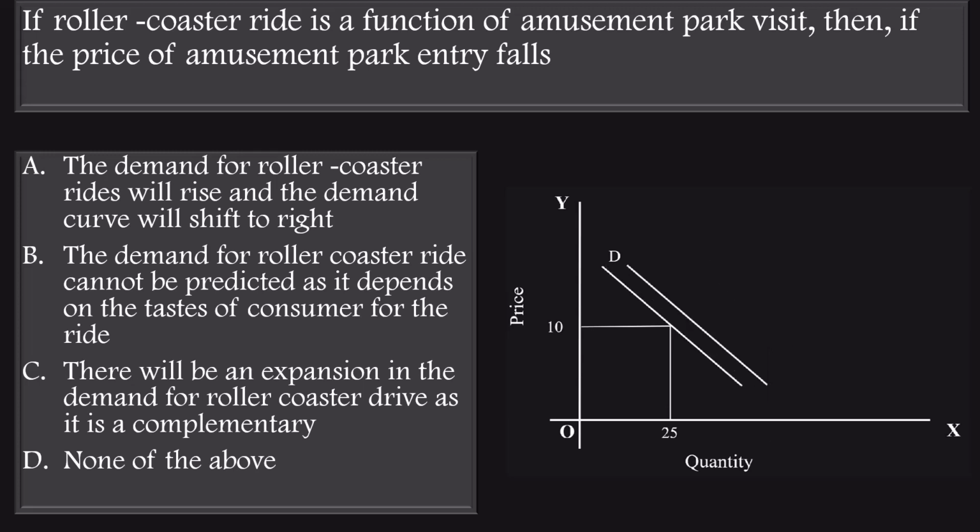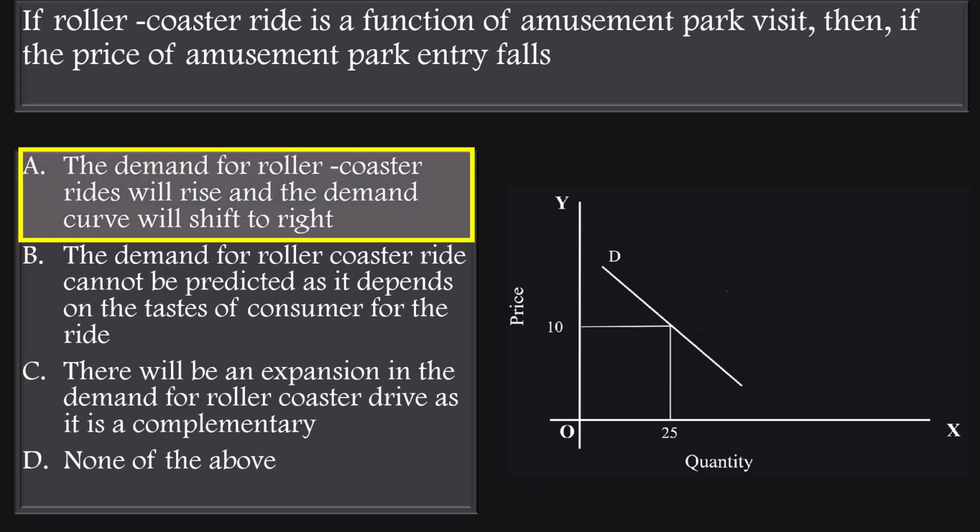So, after a fall in the amusement park entry price, more persons will visit the amusement park. There is a chance for more people to prefer roller coaster ride. This tendency will shift the demand curve of the roller coaster ride to the right. Option A is the right answer.